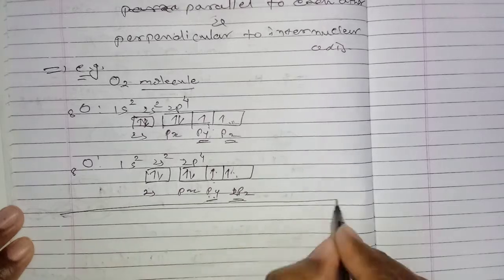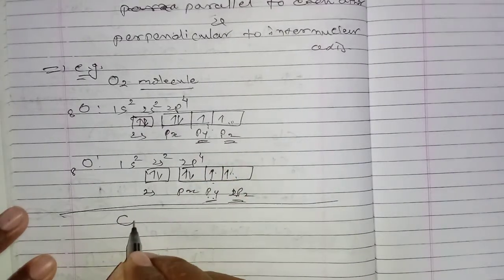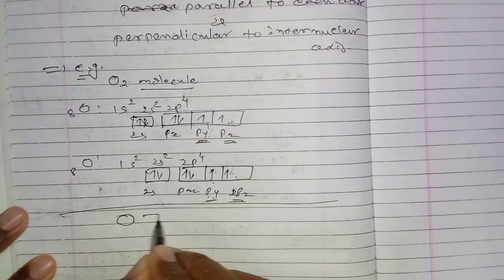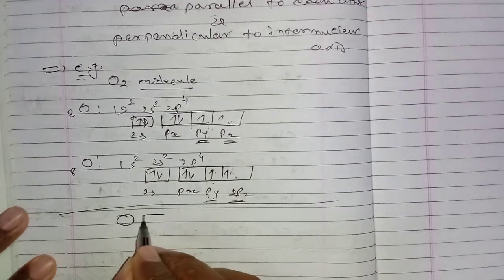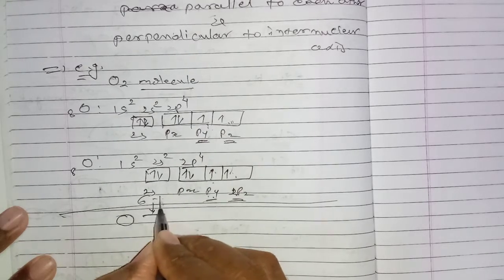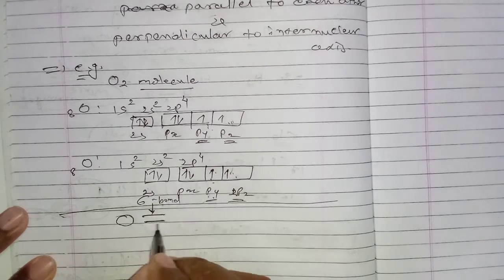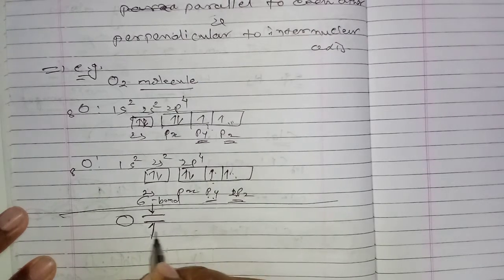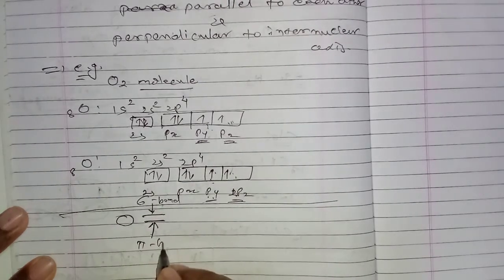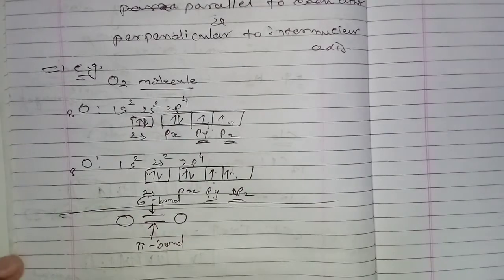so here in this case the first bond that is formed is the sigma bond, while the other bond that is formed is the pi bond.